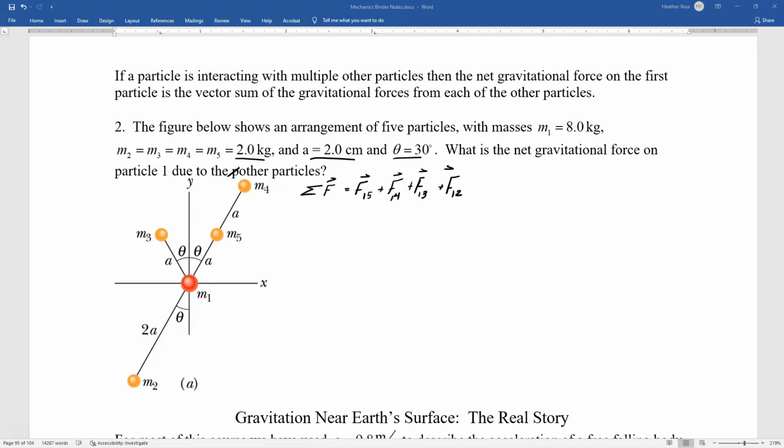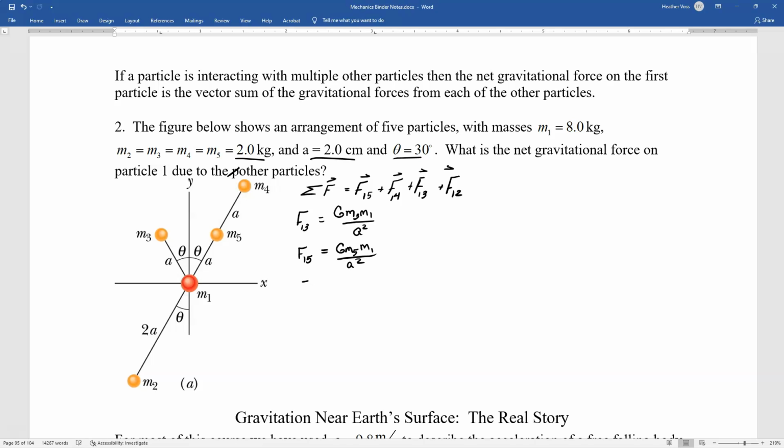So first things first, just the magnitude. Force on 1 by 3, that is going to be big G, mass 3, mass 1, over A squared. Force on mass 1 by mass 5 is going to be the same in effect.